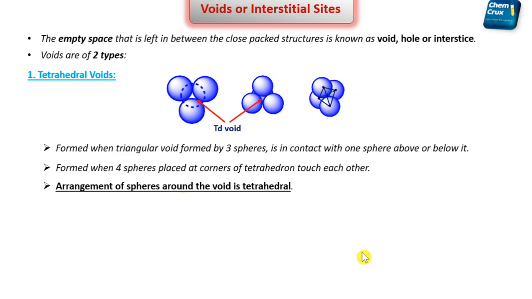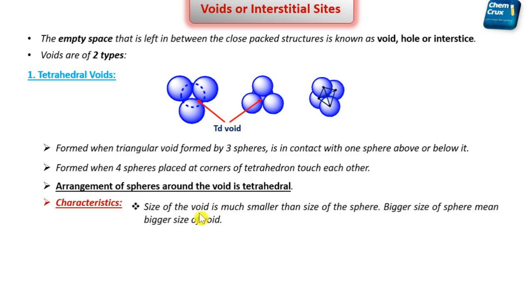Coming to characteristics of tetrahedral void. Size of the void is much smaller than the size of the sphere forming the void. And if the size of the sphere is large, that means size of the void would also be large. Coordination number of tetrahedral void is 4 because 4 spheres are forming the tetrahedral void.